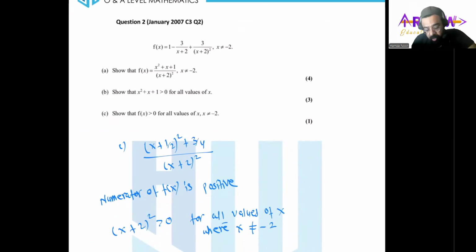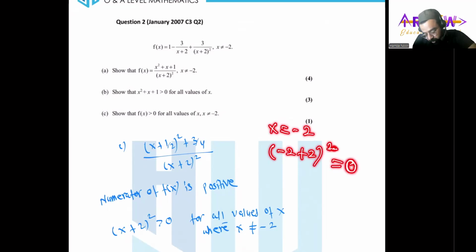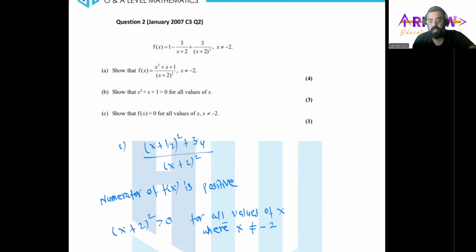But we need to consider that x is not equal to -2. Simply because if you use x equals -2 for this expression, x plus 2 whole square, in which I substitute -2 in place of x, this thing will be equal to 0. But we don't need this value of x, which is -2.